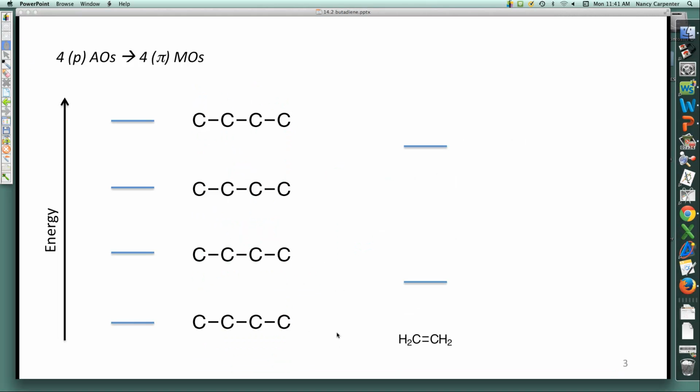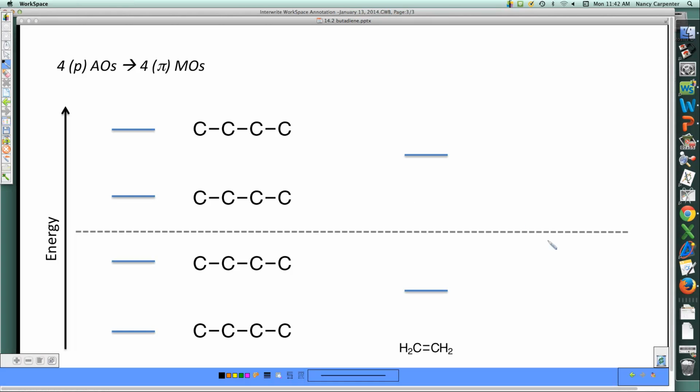So, it's illustrative to compare the molecular orbital diagrams of these conjugated systems to those of an isolated system like ethylene. So if you consider this kind of midline energy level between the bonding molecular orbitals and the antibonding, for ethylene, of course, it's very simple.